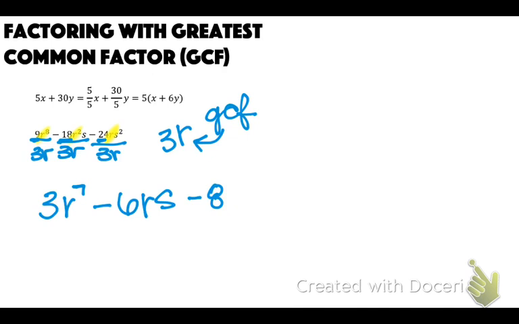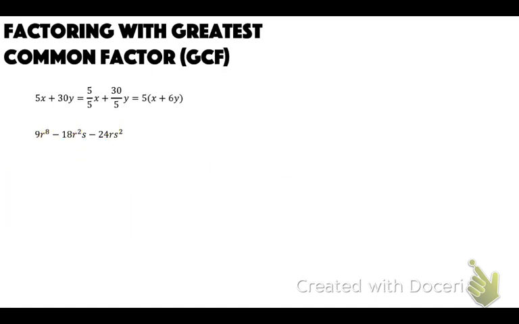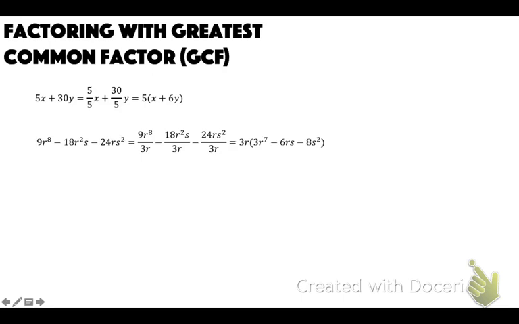R divided by r cancels, and we're left with that s squared. And then whatever we take out has to go on the outside here. Okay, let's just double check, make sure we get the same thing that we did before. So 3r to the 7th minus 6r minus 8s squared.